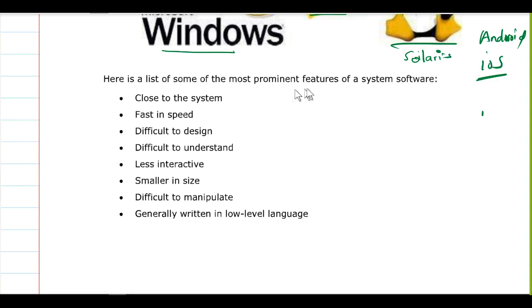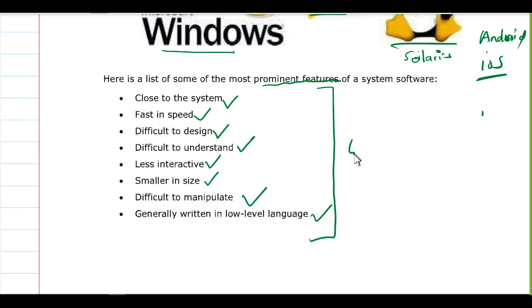They have some prominent features, as we are discussing next: they are normally close to the system, they are fast in speed, they are very difficult to design, and difficult to understand, they are less interactive, they are smaller in size, they are difficult to manipulate, and they are normally written in low-level languages. The idea is that you rarely find someone creating a system level. These are normally written by companies that have enough resources.